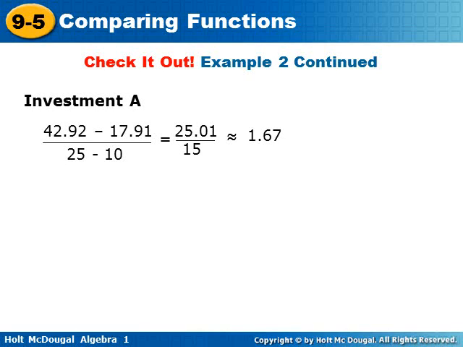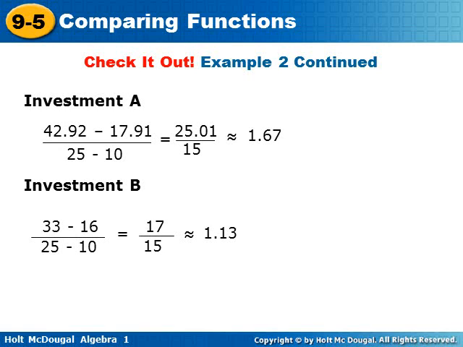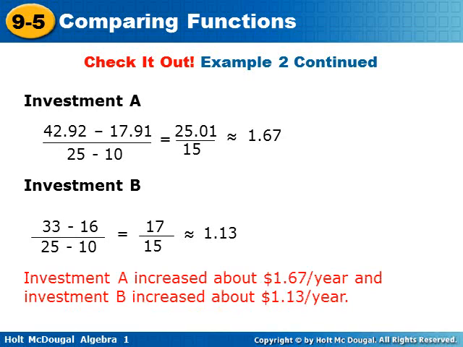So we get 25.01 divided by 15, which is approximately 1.67. And then investment B, 33 minus 16 divided by 25 minus 10 equals 17 divided by 15, which is 1.13. So investment A increased about $1.67 per year, and investment B increased about $1.13 per year.